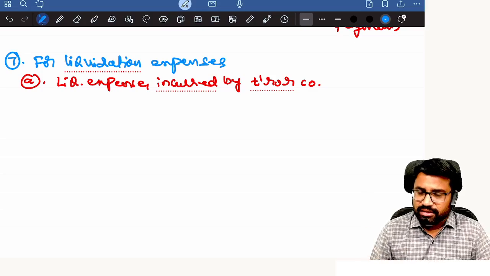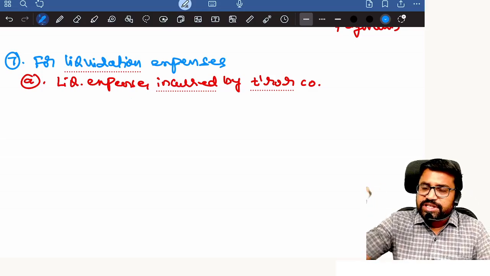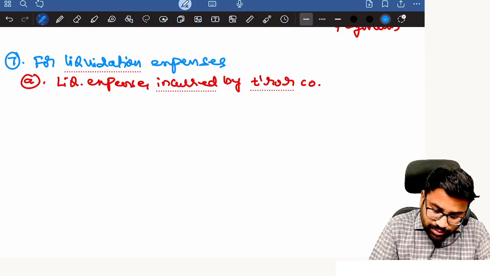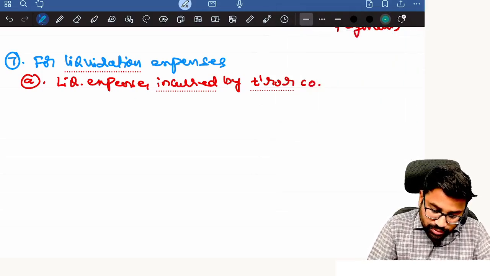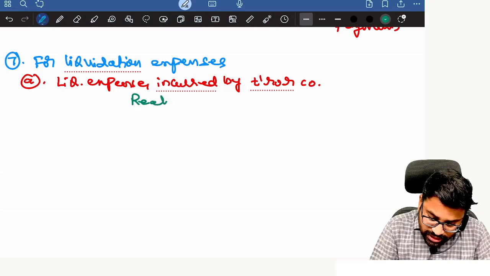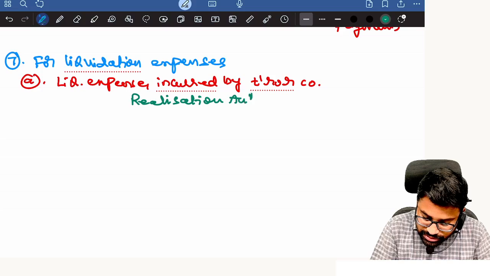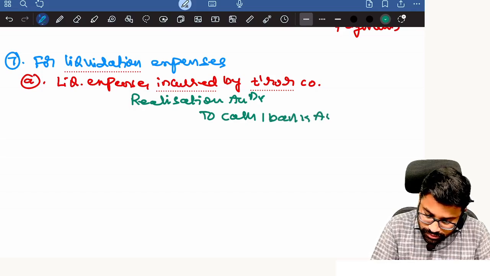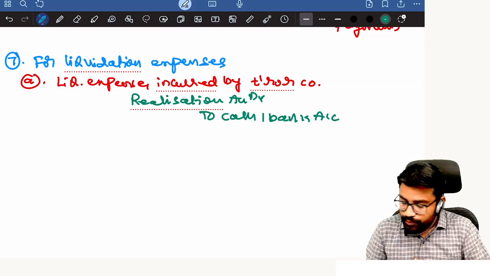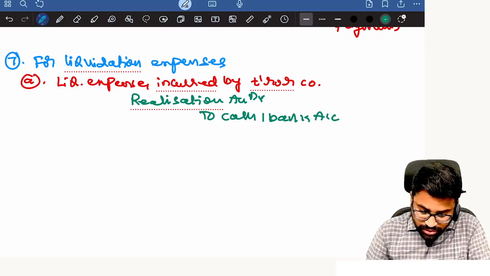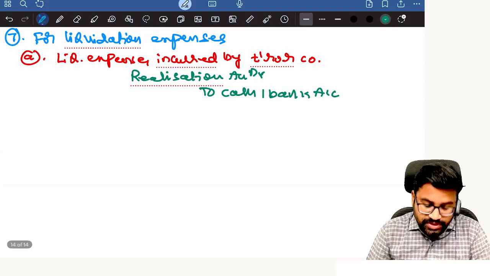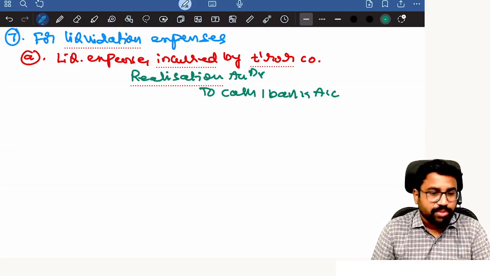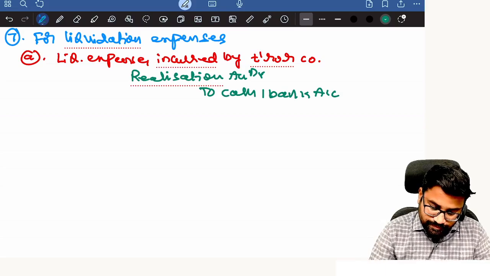Expenses to cash or bank. Here and later expenses will be transferred to realization account, right? Sorry, P&L account. But here these liquidation expenses directly will be debited to realization account. So realization account debit to cash or bank account. This is when liquidation expenses are incurred by transferor.